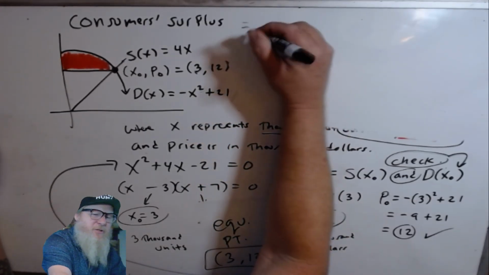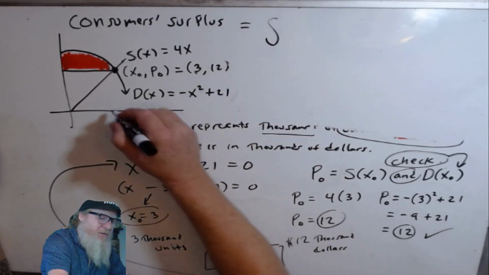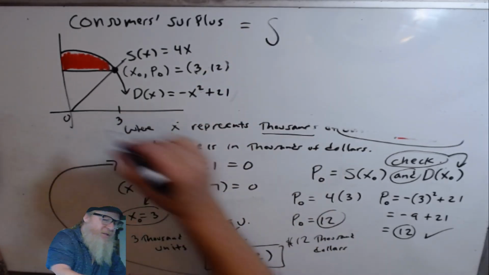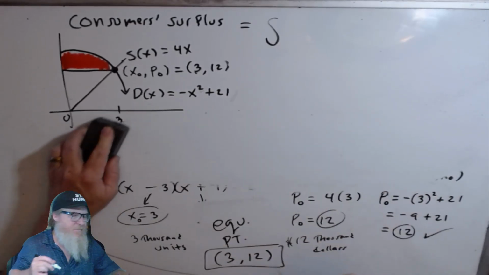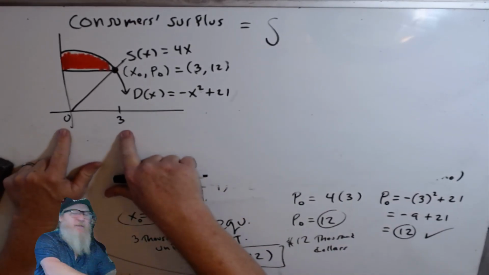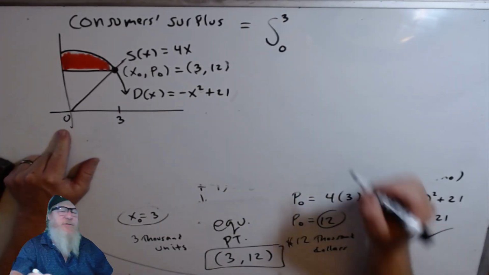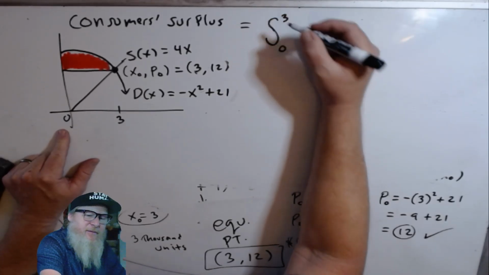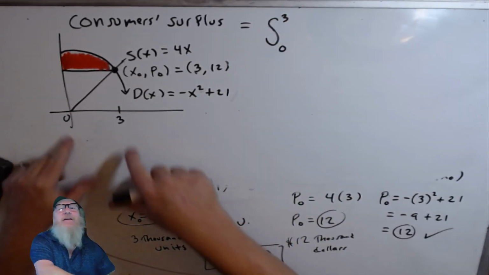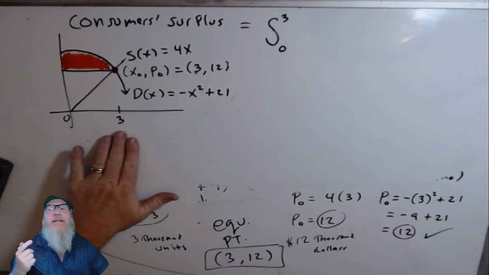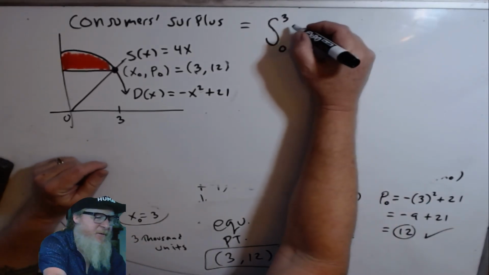So consumer surplus is the integral from 0 to 3, which is, again, why I'm using 3 instead of 3,000. I could do the integral from 0 to 3,000, but it's already baked into there that the 3 means 3,000.